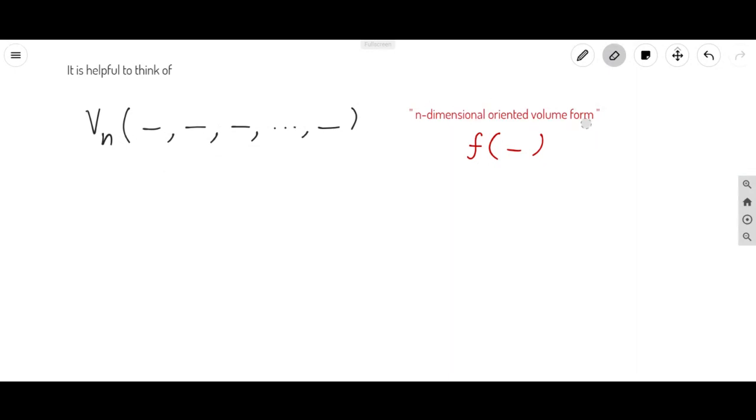So that's why we call it a form, because it's sort of like a function. It's just a little more complicated because there are a lot more inputs, but that's the way you want to think of it. It's helpful to think of this as a function where you feed in a total of n vectors.